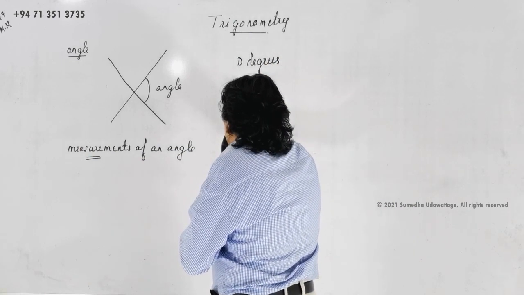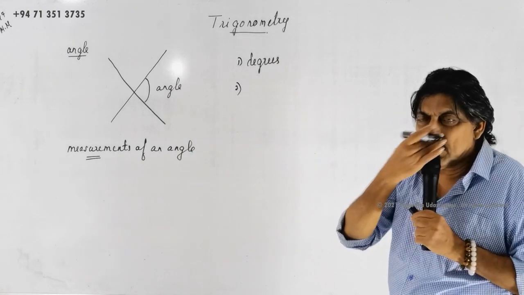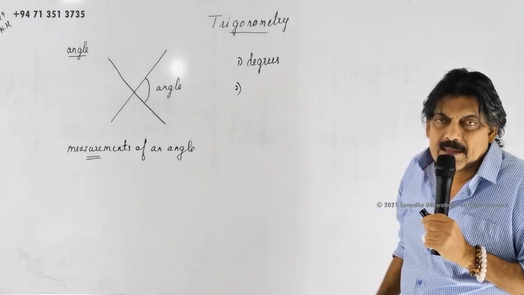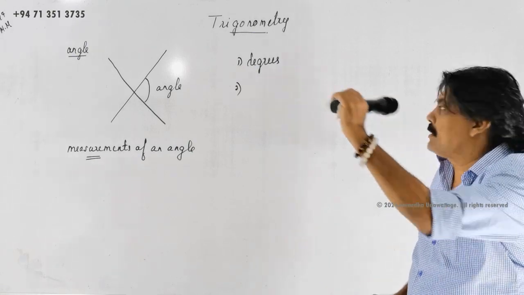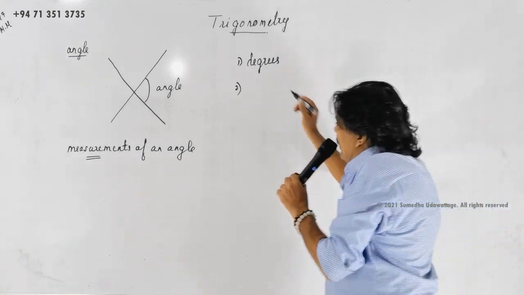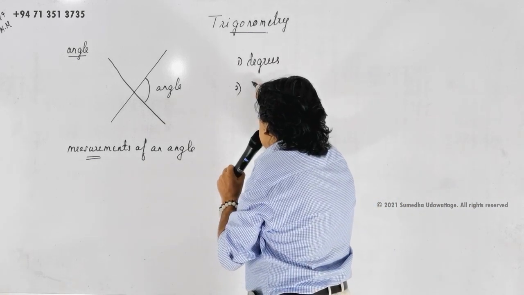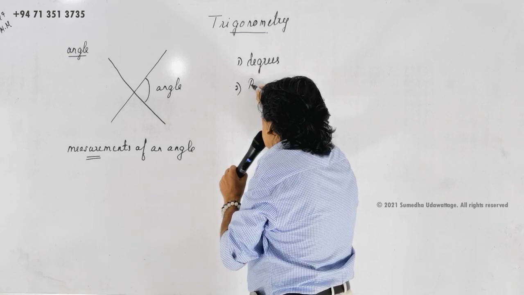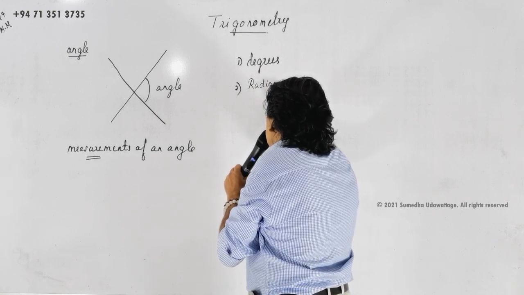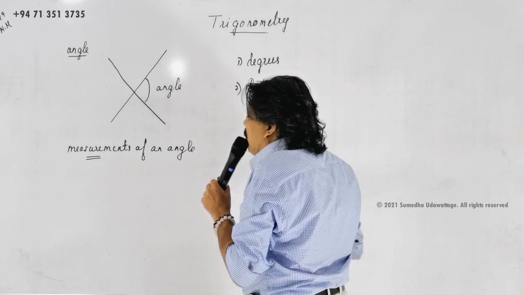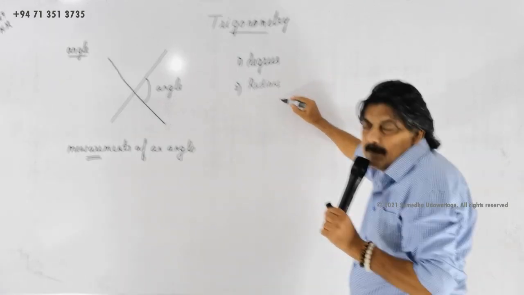From O-level knowledge, you know that angles are measured in degrees. Now we have to talk in detail in advanced level mathematics. Then again we take another unit, which we call radians. It's new to you and I'll explain what it is. Degrees and radians.